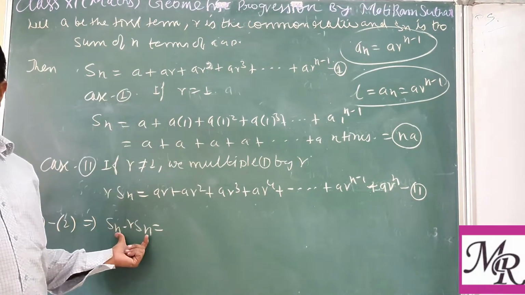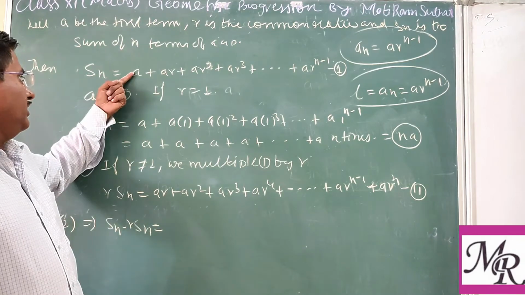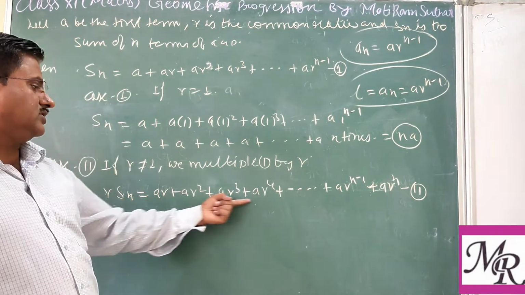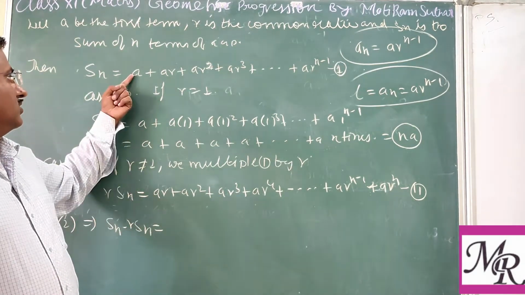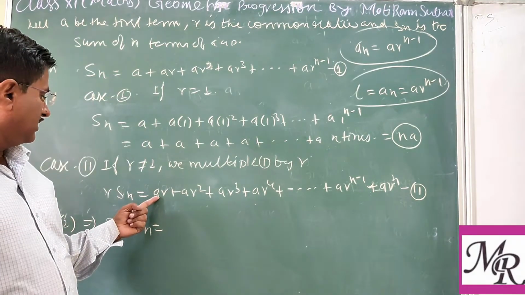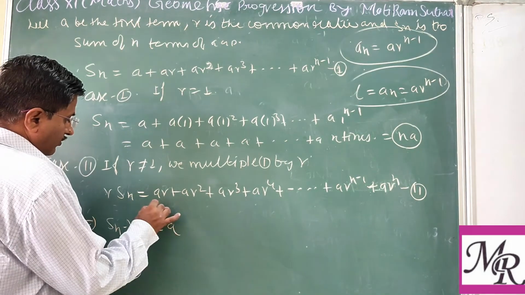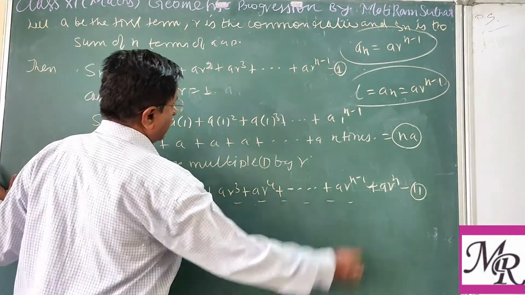Now column-wise we subtract the right hand side. Like here, A minus, there is no term which has only A. So here we leave only A. These all change the sign to minus.